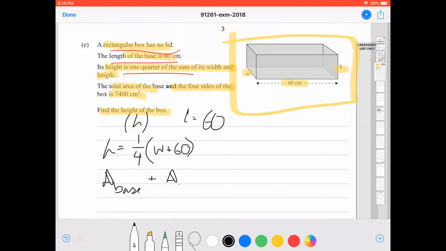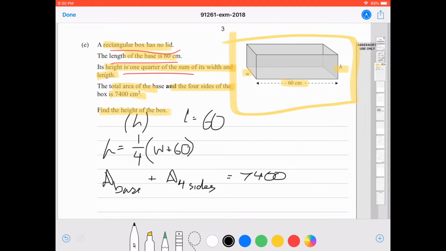For the moment, let's just say 4 sides, just to put our question into an expression. 4 sides equals 7,400. So we need to substitute some side lengths in here, some dimensions.